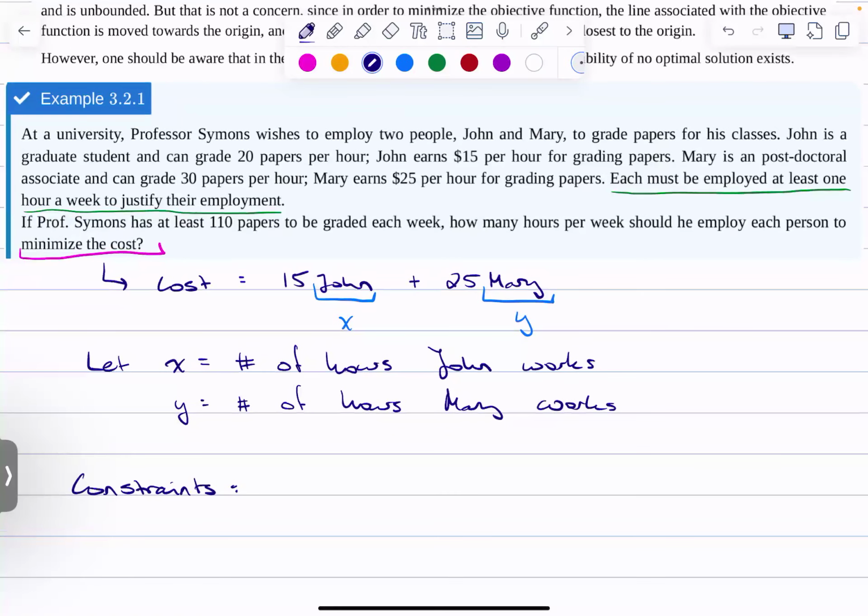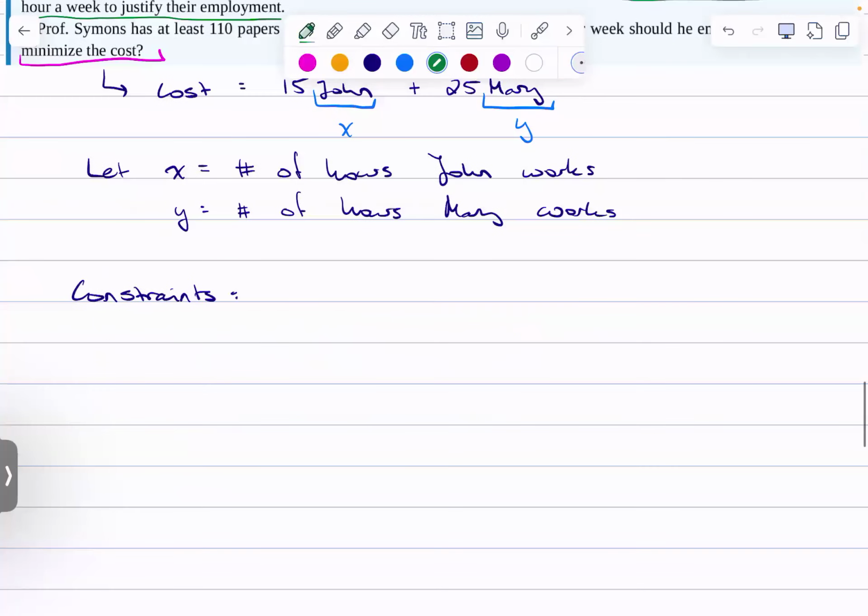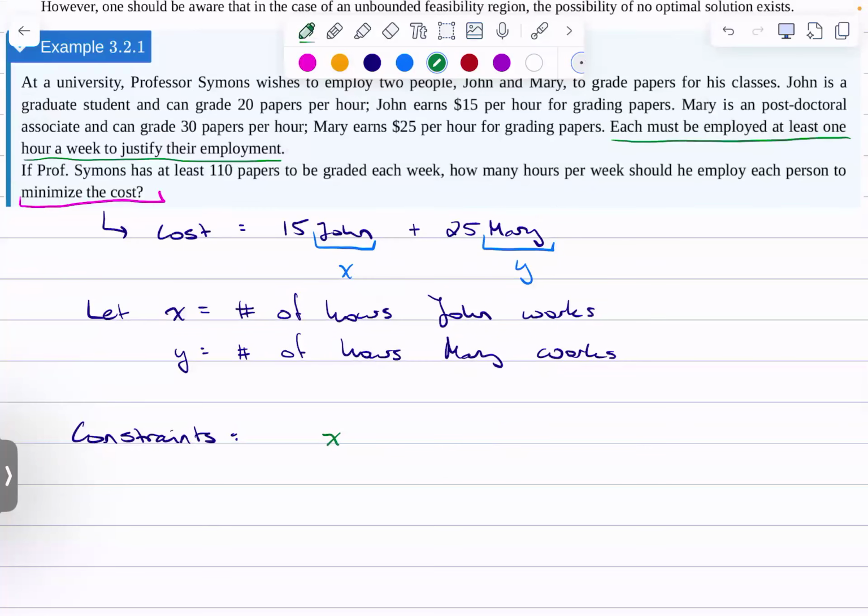Okay, your constraints. We've already incorporated the cost per hour, right? Our X's and Y's are now the number of hours that John works and the number of hours that Mary works. So we always want to map it back to those variables. Let's deal with this first one that we highlighted, because it's kind of sneaky. It says that each must be employed at least 1 hour a week to justify their employment.